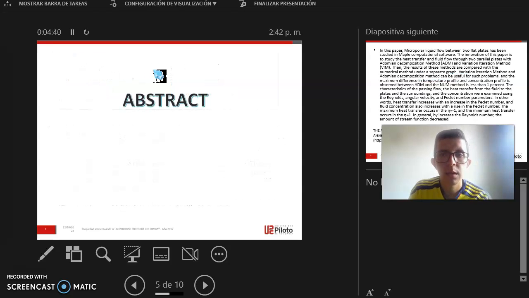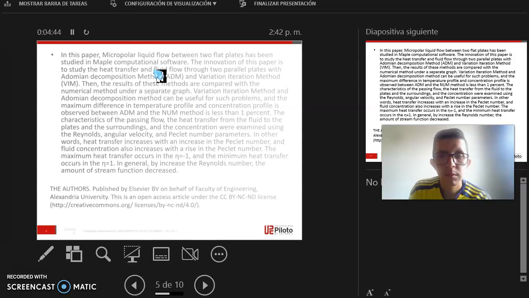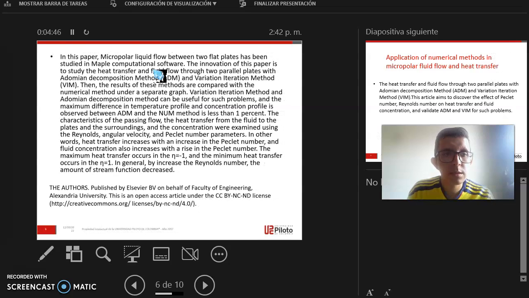Abstract. In this paper, micropolar fluid flow between two plates has been studied in Maple computation software.